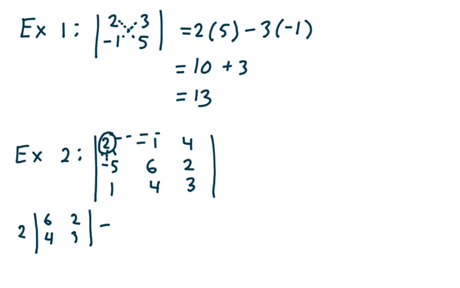I'm going to subtract. We alternate signs. So we subtract negative 1 times the determinant of the resulting matrix, which, if I eliminate the row and the column that contains negative 1, is negative 5, 2, 1, 3.